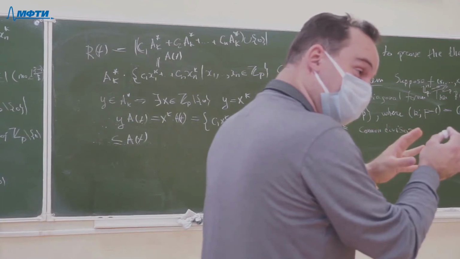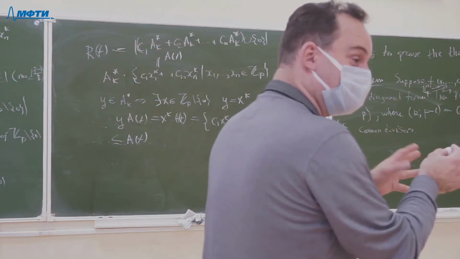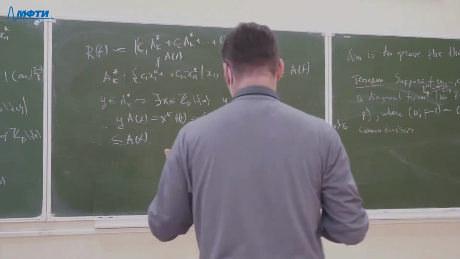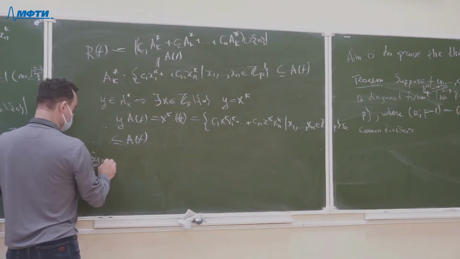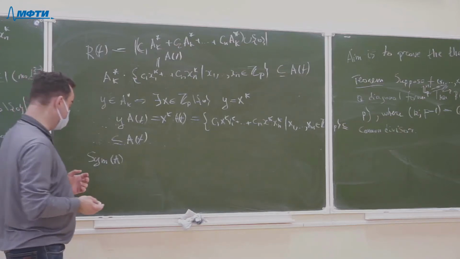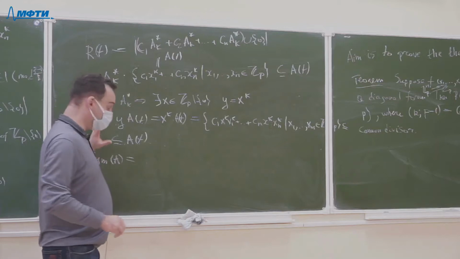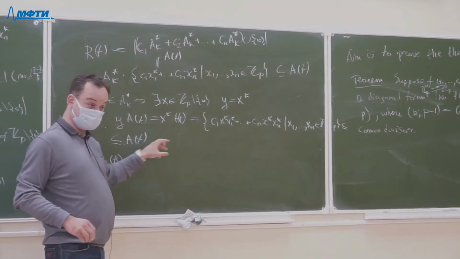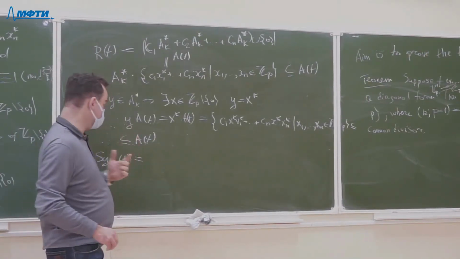Remember we had the symmetry subgroup of a set. It's all the elements of the group such that if we add the element to A, we get the set A, right?